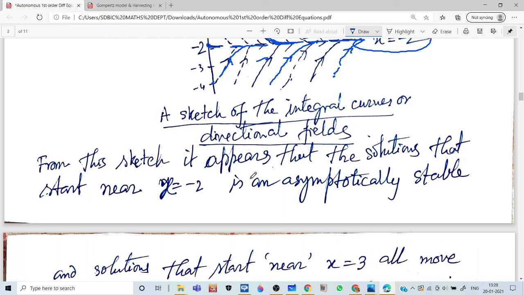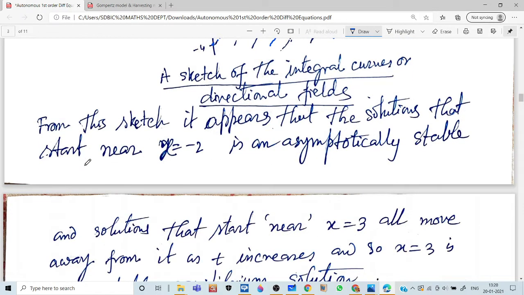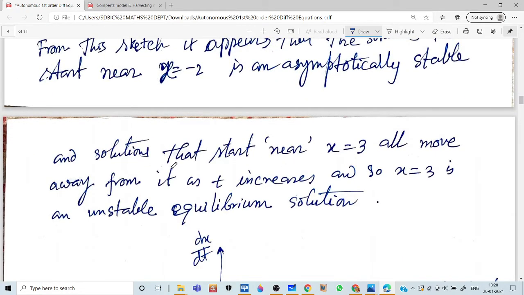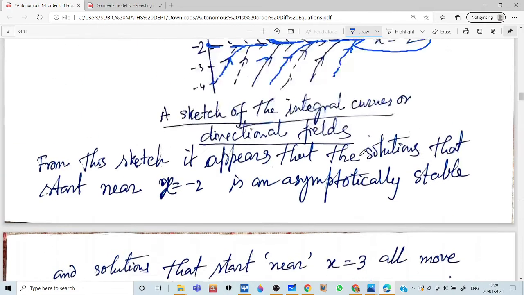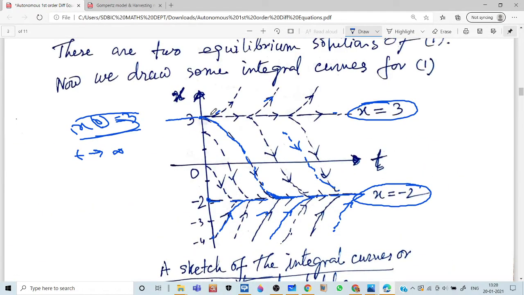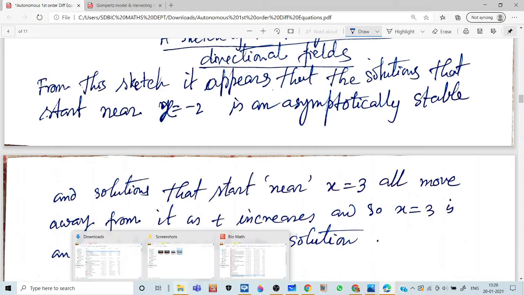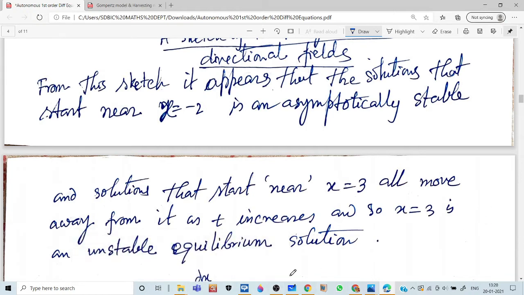It appears that solutions that start near x equal to -2 are asymptotically stable, but solutions that start near x equal to 3 all move away from it as time t increases. So x equal to 3 is an unstable equilibrium solution.